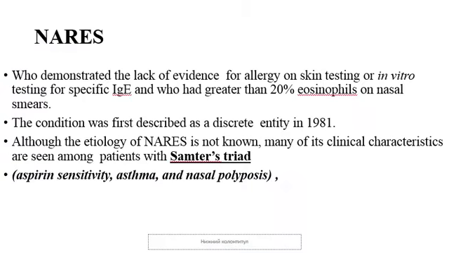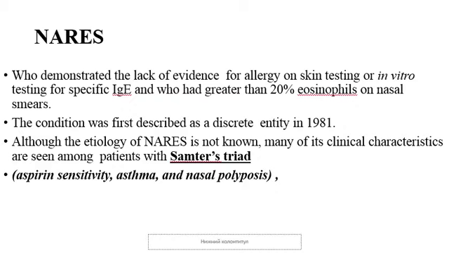Non-allergic rhinitis with eosinophilia is seen in patients who demonstrated a lack of evidence for allergy on skin testing or in vitro testing for specific IgE and who had greater than 20% eosinophils on nasal smears. The condition was first described as a discrete entity in 1981.